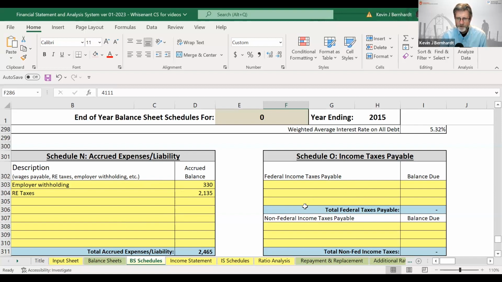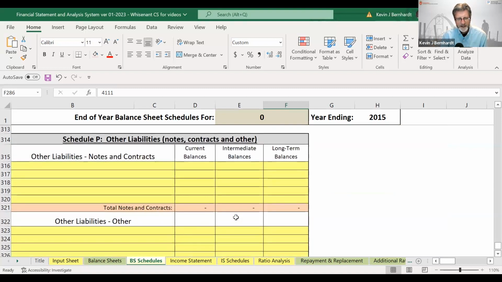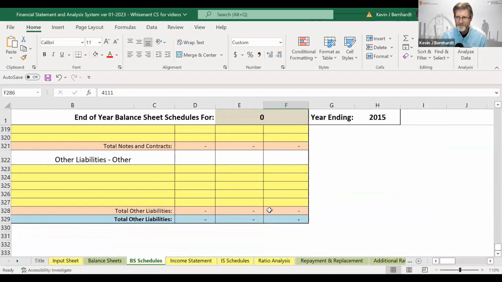Taxes can be recorded over in Schedule O, those taxes that you have to pay, but you just haven't done it yet. So it's accounts payable, if you will. That's a place to record those. And then just this miscellaneous other category to catch anything that we haven't figured out a way to capture in other schedules. That completes the liability section of the balance sheet.